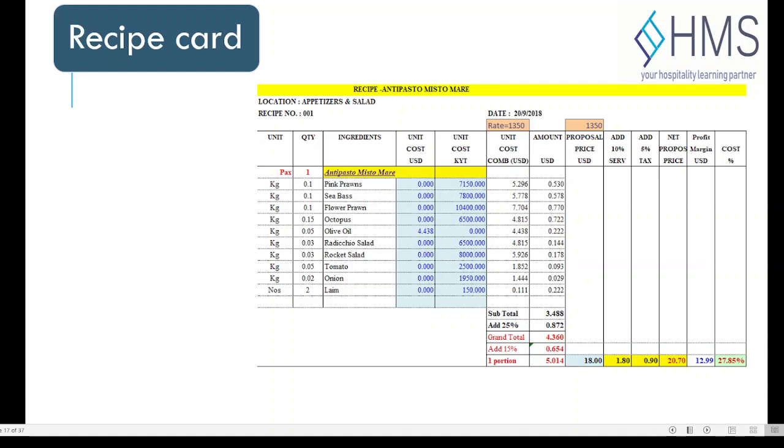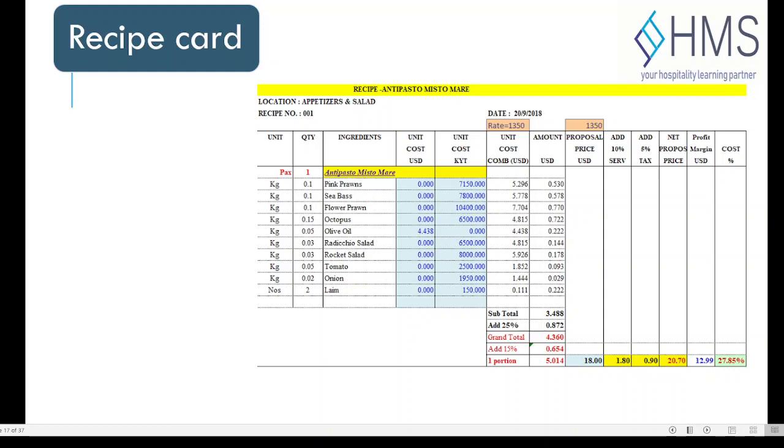And then on the total, you add 25% for the wastages, but this is not an ideal way of doing the standard costing; this is just a sample of standard costing. So this addition of 25% is to add the wastages. So it's a hypothetical figure. Don't assume that we allow 25% wastage. And 15% is added to counter the changes in the price, because the price of tomato, rocket salad, olive oil is not going to remain the same every time, right? It's going to change.